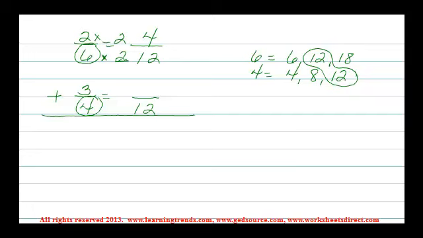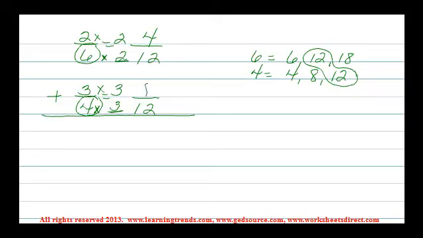Let's look at our second fraction, 3/4, and we're going to change that to a denominator of 12. Again, we ask ourselves 4 times what number equals 12, and 4 times 3 equals 12. Let's multiply the numerator by 3 as well, and 3 times 3 is 9.